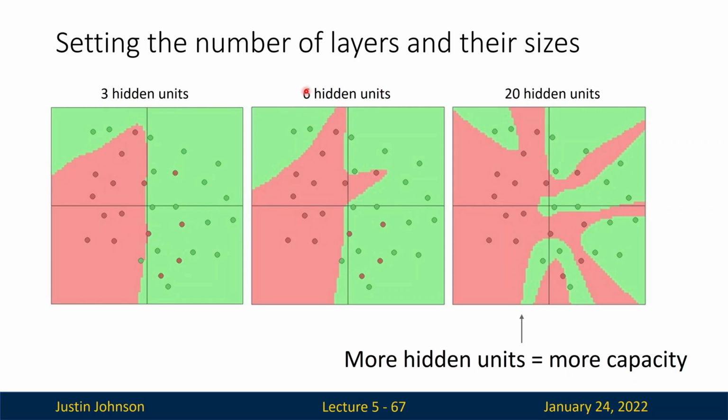And you have 6 hidden units and 20 hidden units. So what does it mean? It means if we have more hidden units, we can find a hyperplane that separates the 2 classes with a very high degree of accuracy. But sometimes there will be the problem of overfitting, right?